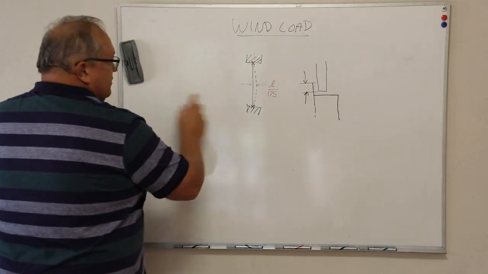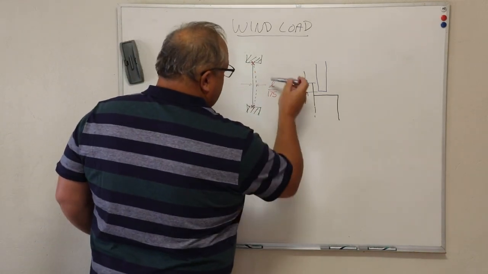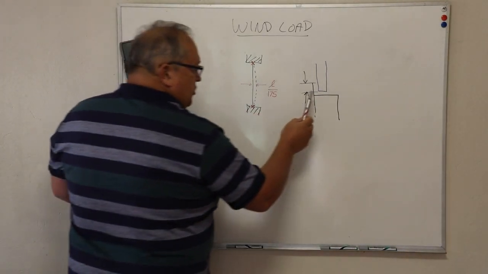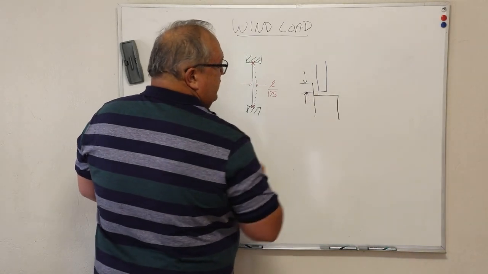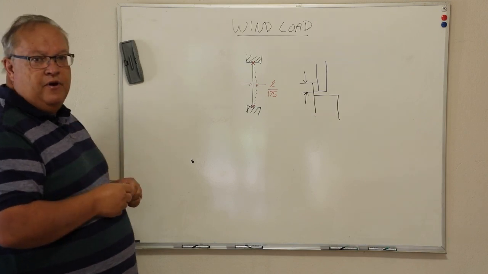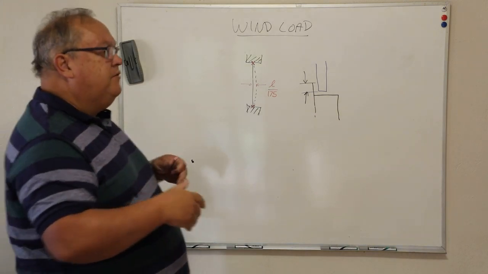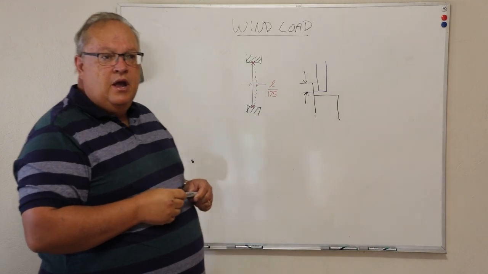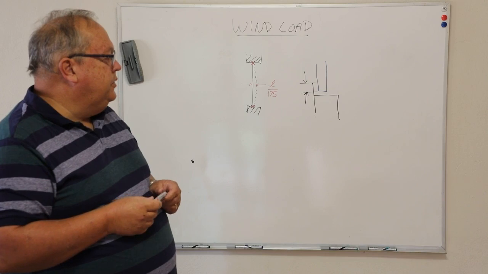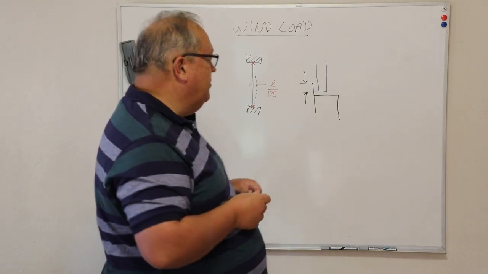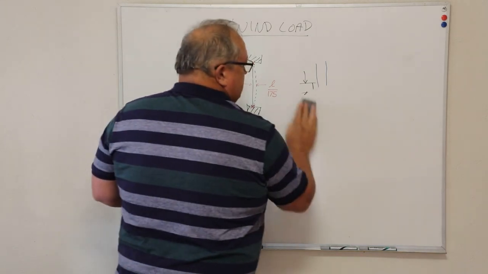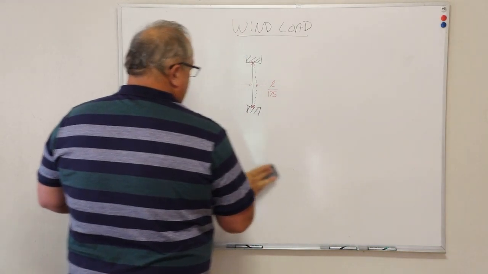And in fact, this limit of 1/175th of the length of that profile is to ensure that you do not get to the point where that piece of glass can actually come out of the frame. Because at the end of the day, if I've got a window 3 or 4 stories up in a building, and that window fails and it falls out, the glass is going to do the damage more than the aluminium at the bottom. Alright, so that is the reason why we limit it to 1/175.